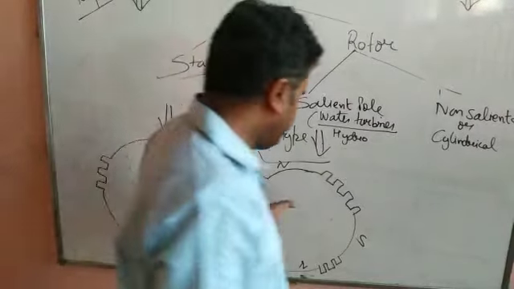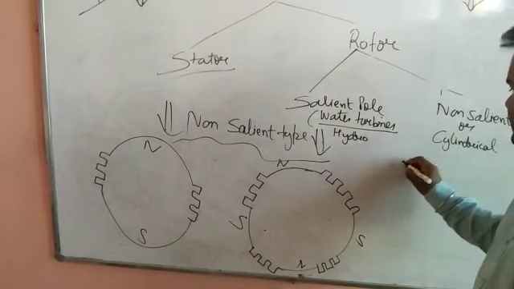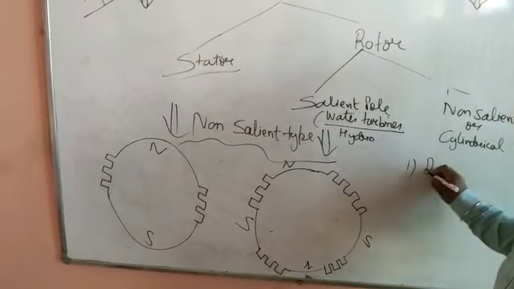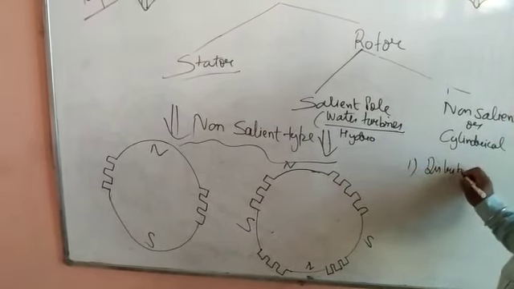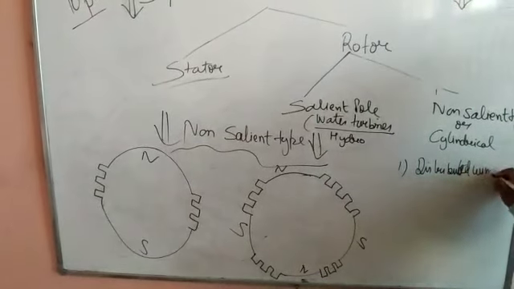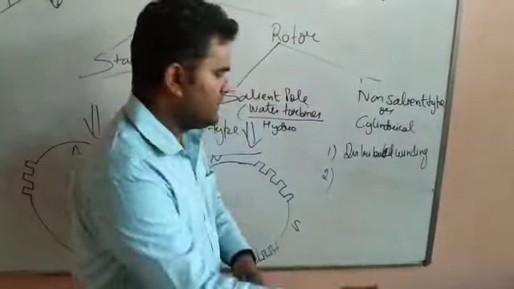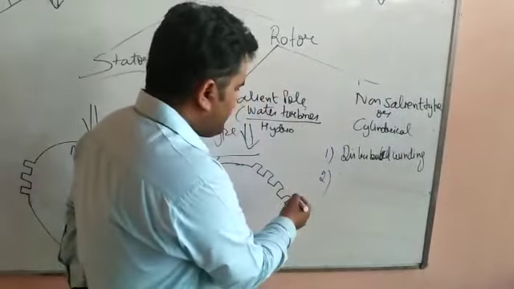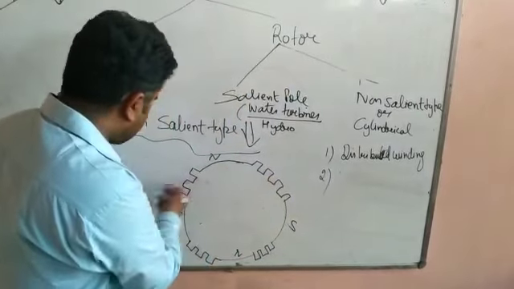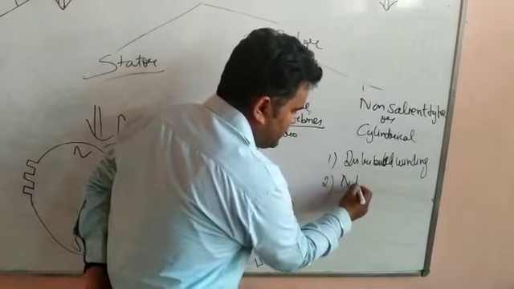Now the poles are fixed and less, hence the first point is distributed winding. The second point is, as we see, the poles are less in this case of non-salient type.